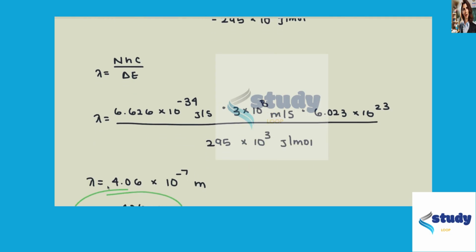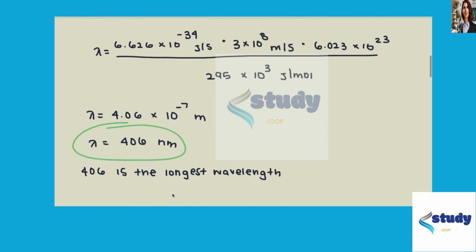We can say that then lambda, once we simplify, is 4.06 times 10 to the negative 7th meters. But when we're talking about wavelength, we like to use nanometers as our unit. So we can convert that, to say that lambda is 406 nanometers. So that is the longest wavelength of light that we can use to maintain the energy dissociation bond.